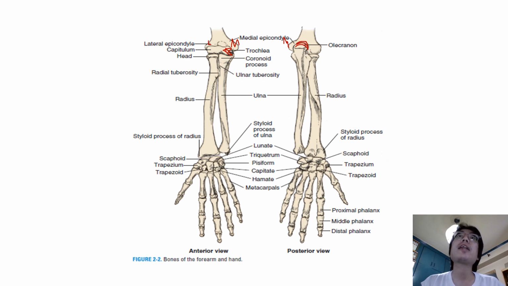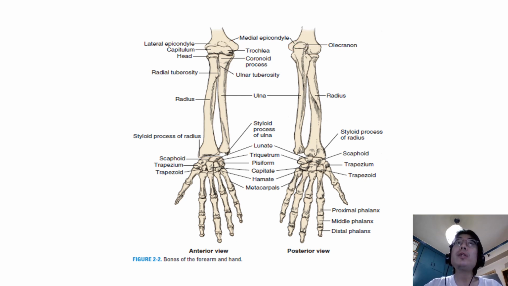It provides attachment sites for the ulnar collateral ligament, the pronator teres, and the common tendon of the forearm flexor muscles. The medial epicondyle is a common site of injury and even occasional fractures. And when the medial epicondyle is compromised, the ulnar nerve can likewise be affected.